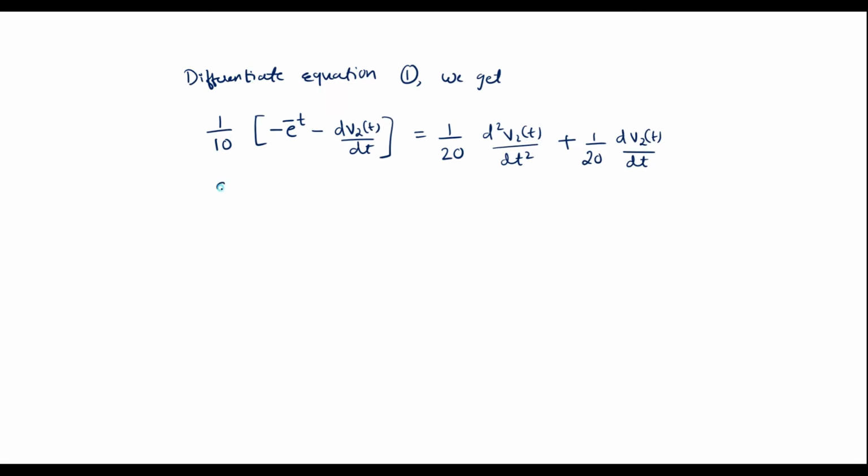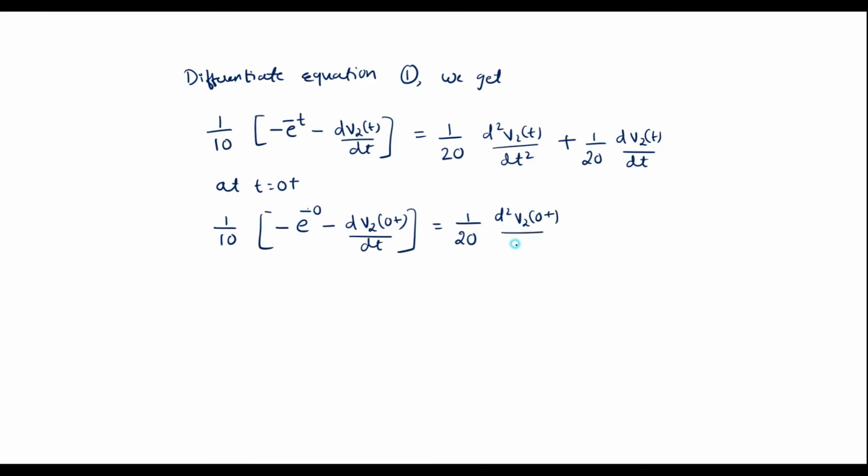So now again at t equal to 0 plus, this equation can be written as 1 over 10, we have minus e power minus 0 minus dv2 of 0 plus by dt is equal to 1 over 20 d square v2 of 0 plus by dt square plus 1 over 20 dv2 of 0 plus by dt. Let me simplify this further.